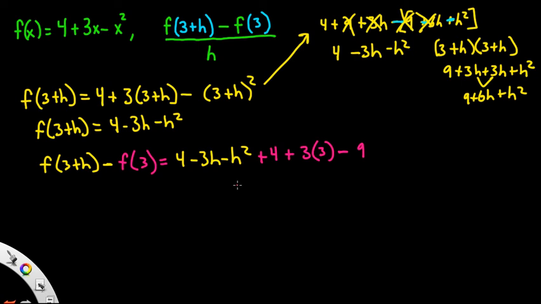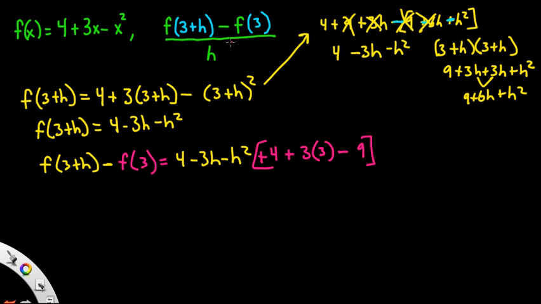Alright, so then you're just going to work that out and simplify it, which is pretty simple. So now the thing here to remember though is you've got this, right, and that's your f of 3.